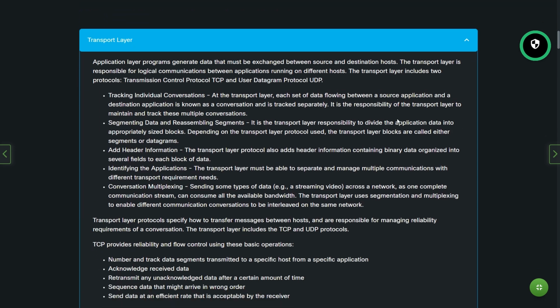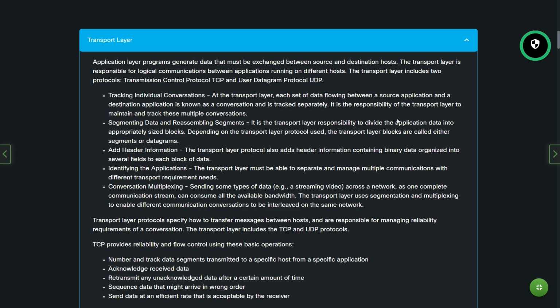Application layer programs generate data that must be exchanged between source and destination hosts. The transport layer is responsible for logical communication between applications running on different hosts. The transport layer includes two protocols: Transmission Control Protocol (TCP) and User Datagram Protocol (UDP), tracking individual conversations.